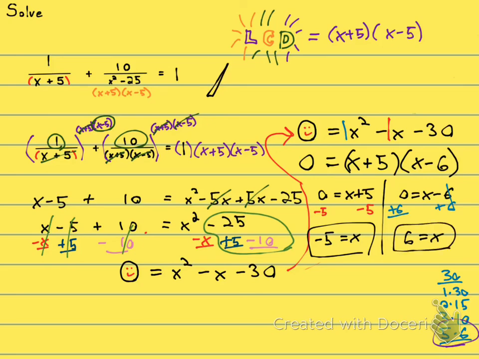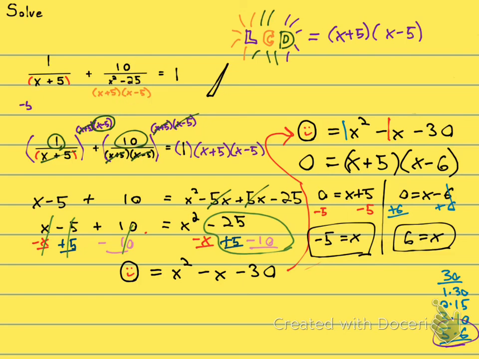Now, these are both possible answers, but if I put them both in, the computer's going to tell me I'm wrong. All of that work, and it's telling me I'm wrong. Well, that's because by the nature of the original equation, you have domain restrictions. There are certain numbers that x cannot be. x cannot be -5, because if I plug in -5, I will get a 0 in the denominator, and you can't have that. x can also not be +5, because if I plug in +5, I would get a 0 in the denominator.